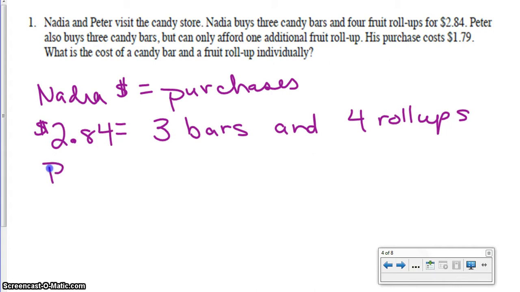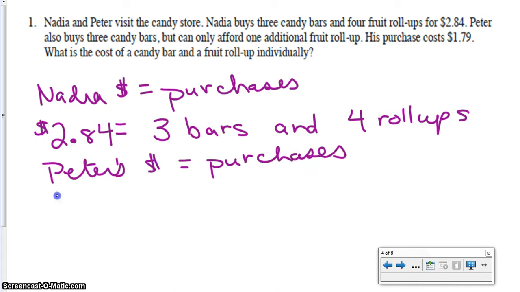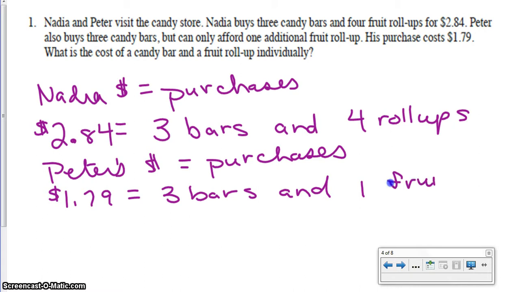Okay. What about Peter's money? Peter's money also involves purchases. His money was only $1.79, and that led to 3 candy bars and 1 fruit roll-up.